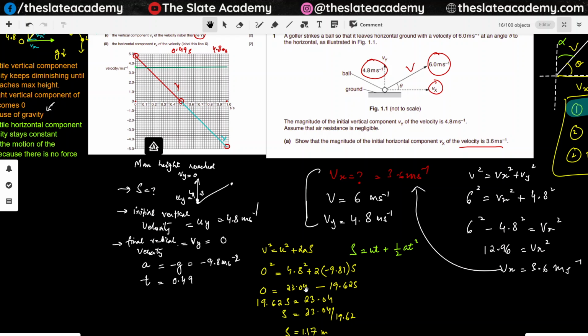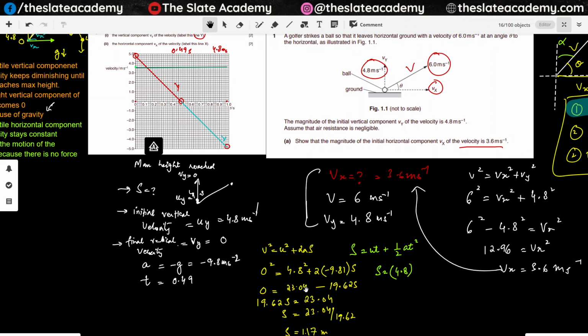I want to quickly do it with the next equation as well, just to confirm. You don't have to do it in the exam, just to show you. Then I'll have to leave, it's almost time. S is equal to ut. What is u? 4.8.